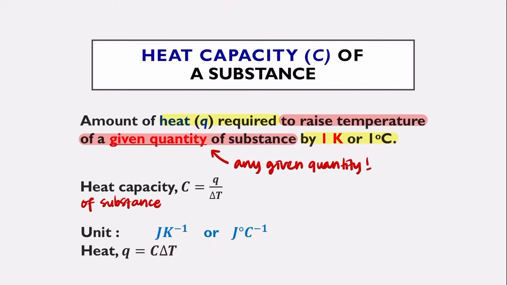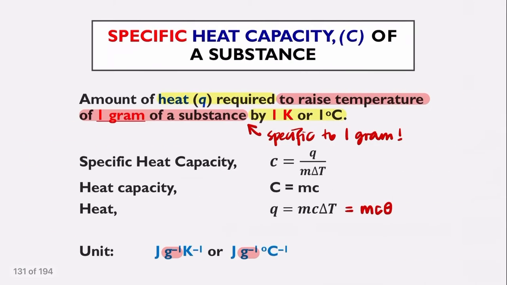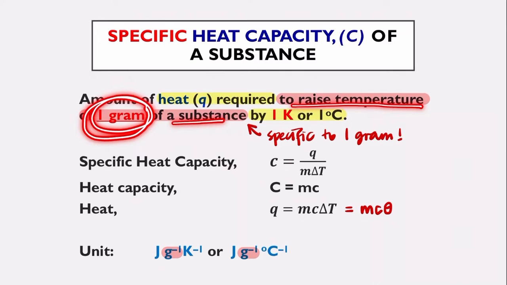So the next term you need to know is specific heat capacity. This is the small c of a substance. The difference is that, let's look at the definition. It is the amount of heat required to raise the temperature of 1 gram of substance by 1 Kelvin or 1 degree Celsius.